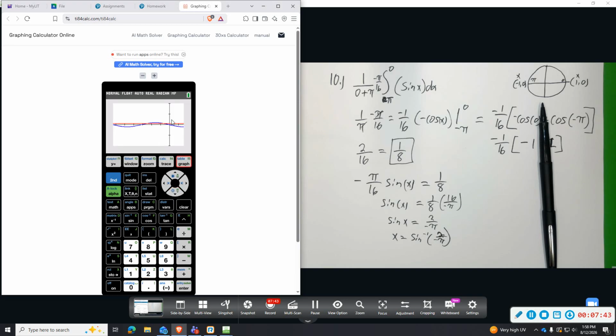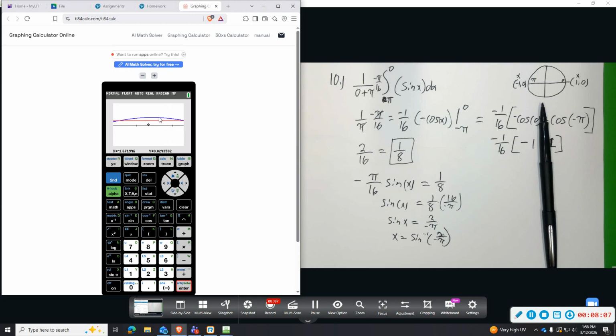So this is what we see. And then let me zoom in. This looks really weird. Let's zoom in this area.